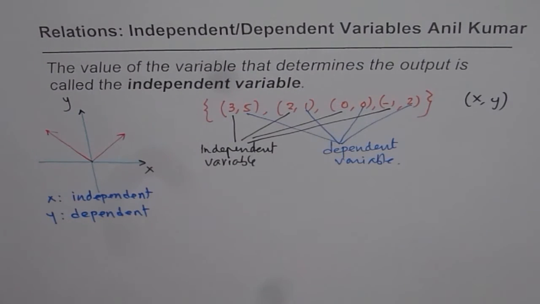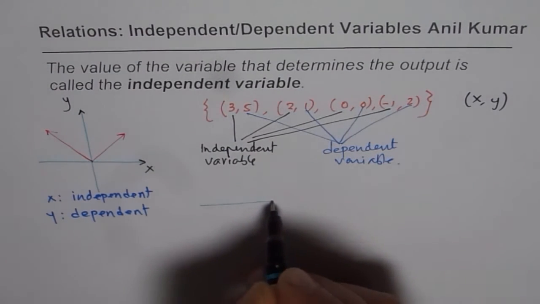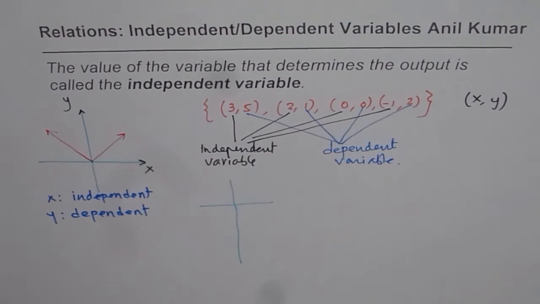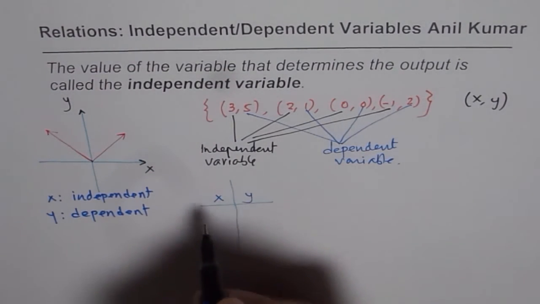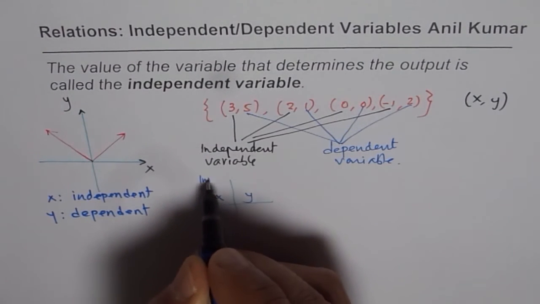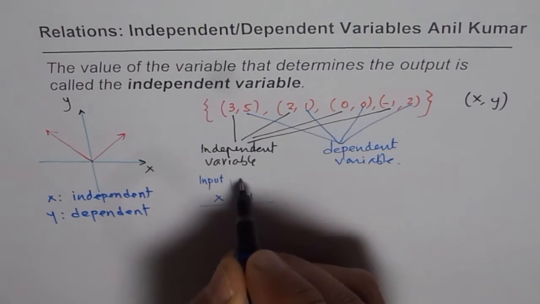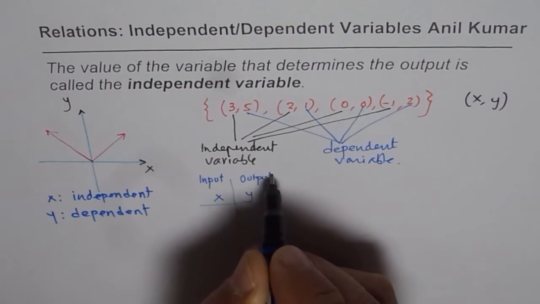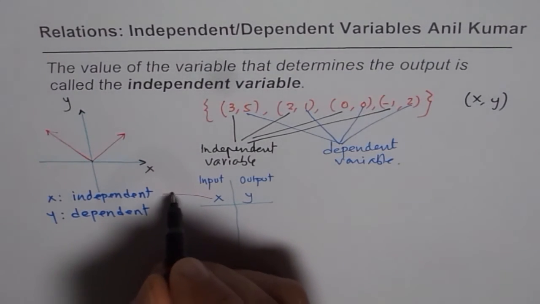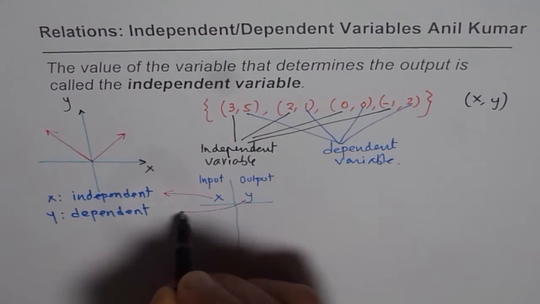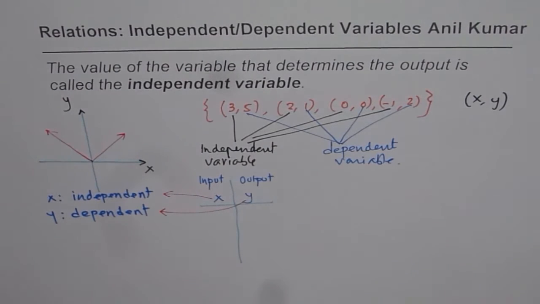When we talk about a table of values, here also we normally write x and y. X may be the result of an input and y may be the result of an output, right? So here also we see x as the independent variable and y as the dependent variable in a table, right?